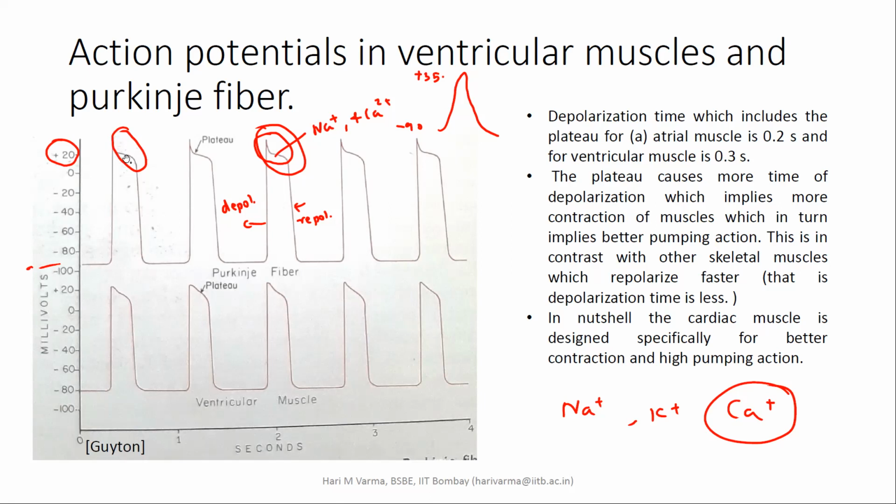And there is a plateau here. If you remember, our earlier action potentials were coming down, so the repolarization happened very fast. But here there is a plateau. The plateau is because the calcium channels are a little bit slow. So even if the sodium channels stop because of the inactivation gate, calcium will still keep flowing from outside to inside, so that the depolarization is kept over a longer time. That means it is almost in the positive for a longer time.